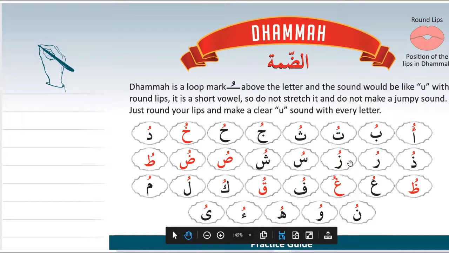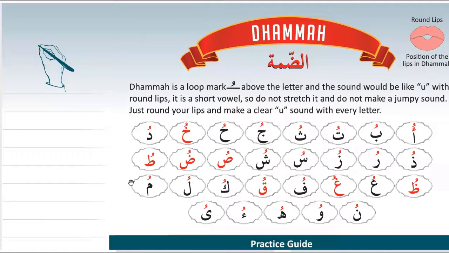Okay, so now we will pronounce these letters just making the sound of these letters.